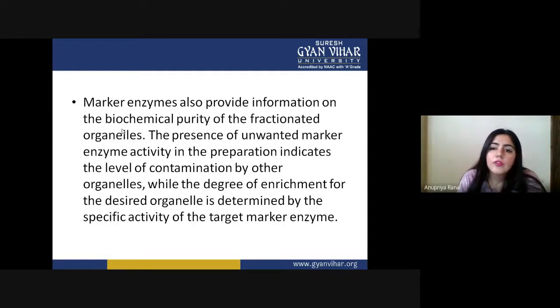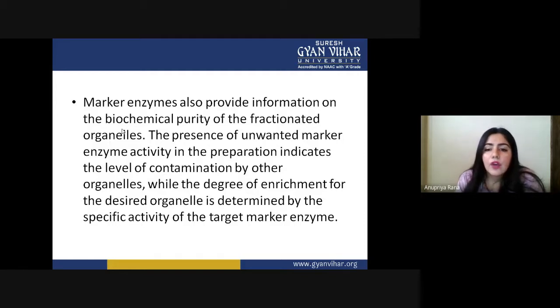The presence of unwanted marker enzyme activity in the preparation indicates the level of contamination by other organelles. So you can also see the contaminated portion, a portion that could cause disease. This is contaminated, this is enriched. So the bad and the good, you can know about that particular portion by using the marker enzyme.